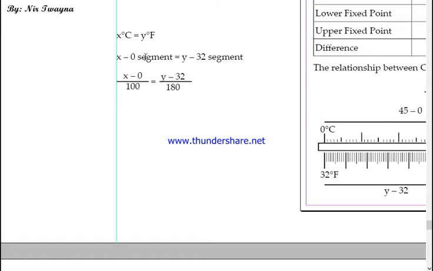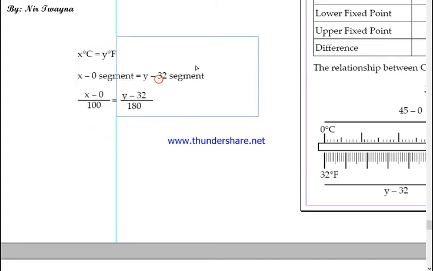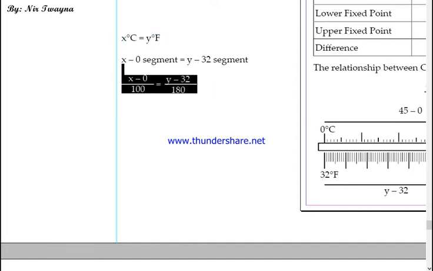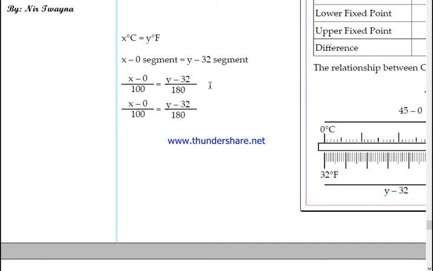Now for our ease of use, we replace x by C, where C stands for Celsius value, and y by F, where F stands for Fahrenheit value.